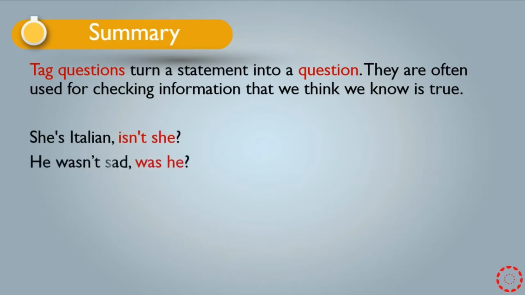And also, he wasn't sad, was he? As I said, if our statement is positive, the tag question becomes negative, and if our statement is negative, the tag question becomes positive. So they are vice versa. I hope you understand very well.